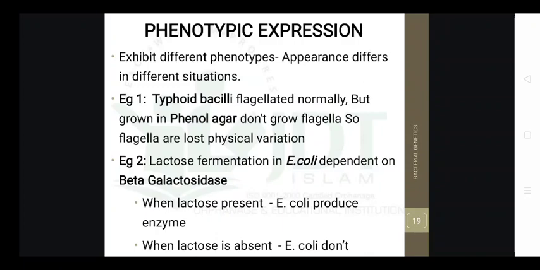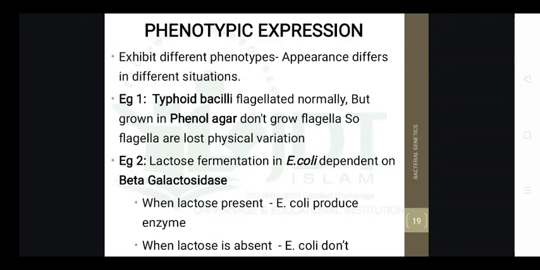Now, the second example is lactose fermentation of E. coli, which depends on the beta-galactosidase enzyme. In order to ferment lactose, the E. coli will produce the beta-galactosidase enzyme only in the presence of lactose. In absence of lactose, it will not produce this enzyme.